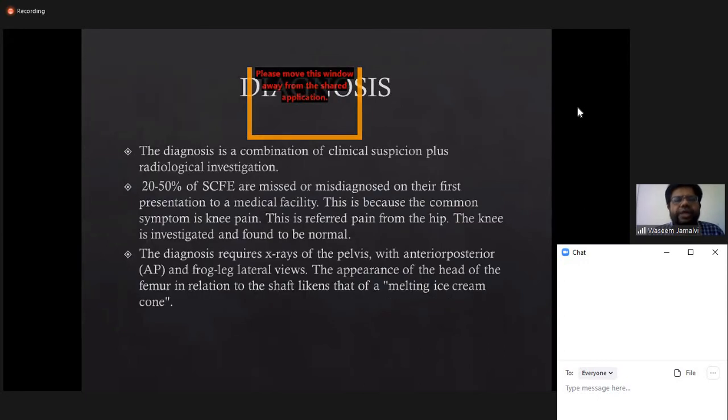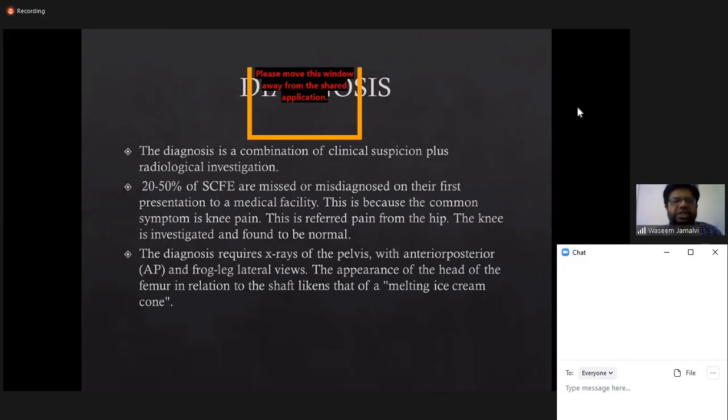So how do we diagnose? The diagnosis is a combination of clinical suspicion and radiological investigation. Up to 50% of slipped capital femoral epiphysis cases are missed or misdiagnosed on first presentation, as the patient has slight pain in the knee joint that is actually referred from the hip.